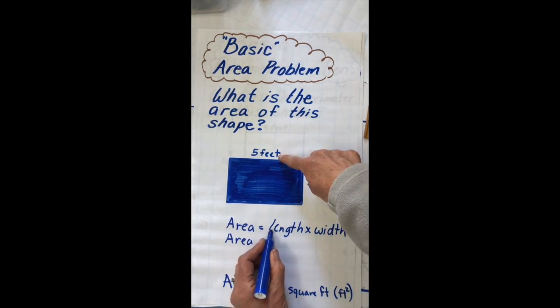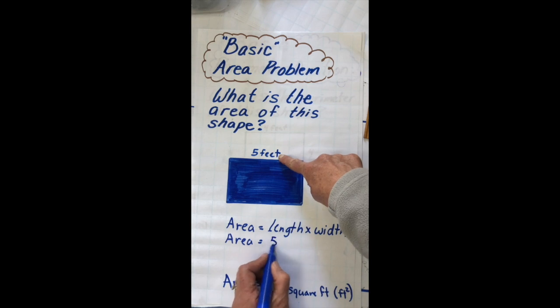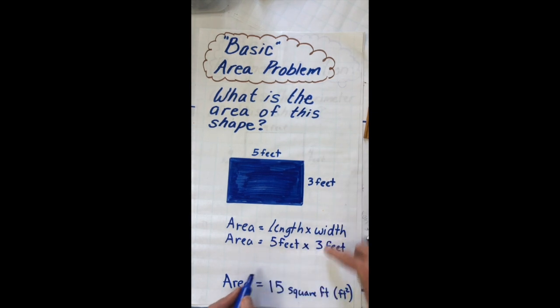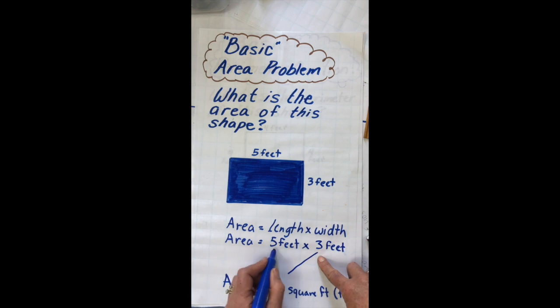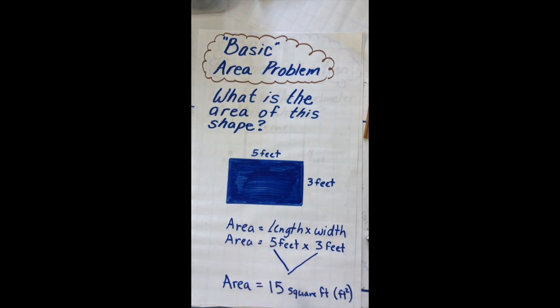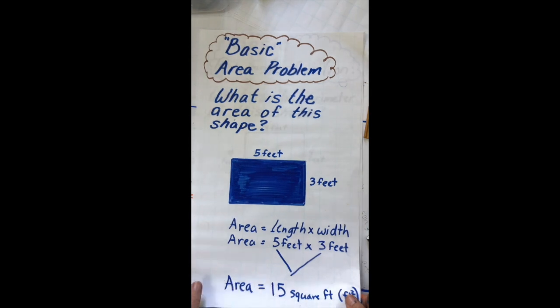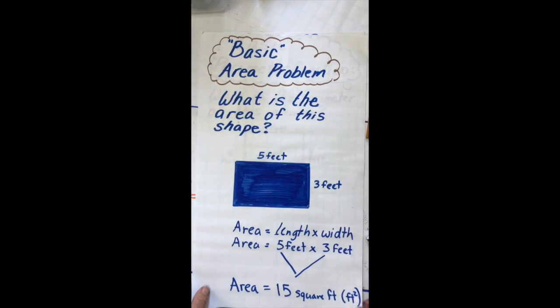Length is long, so that's 5 feet. And the width is 3 feet. And if I multiply these two together, I get 5, 10, 15. I get the same thing. Sorry, my hands are covered in ink. Okay, so that was a basic area problem.